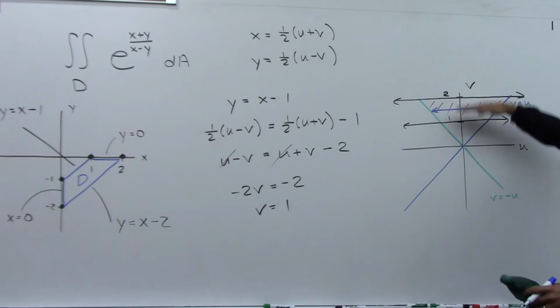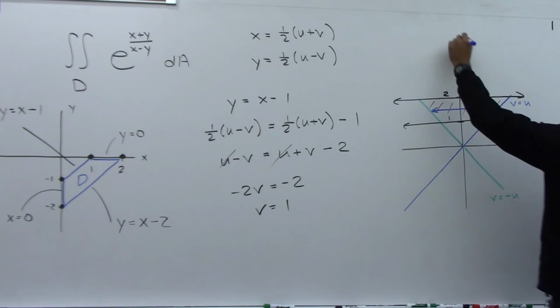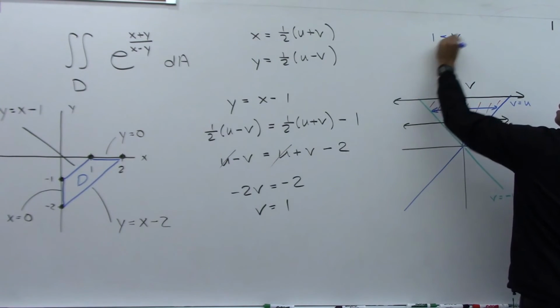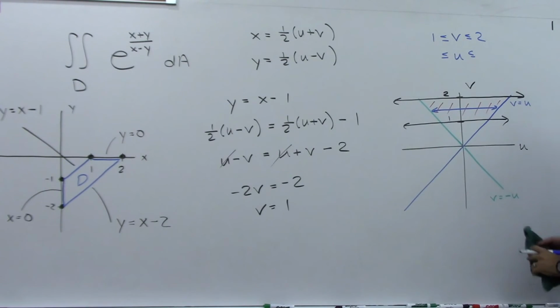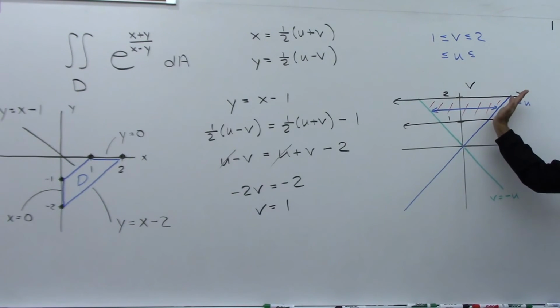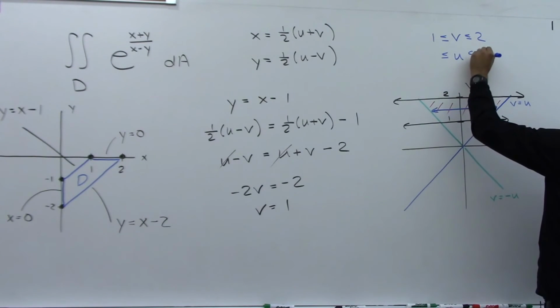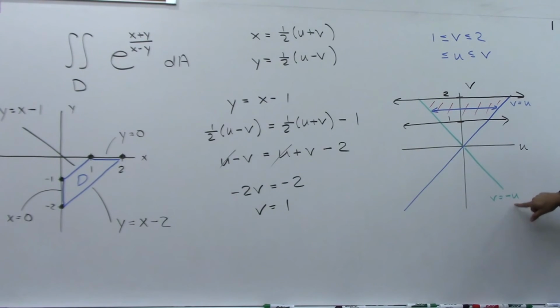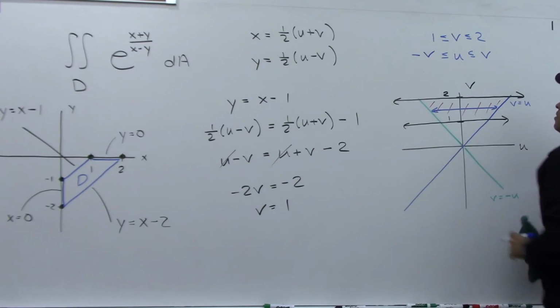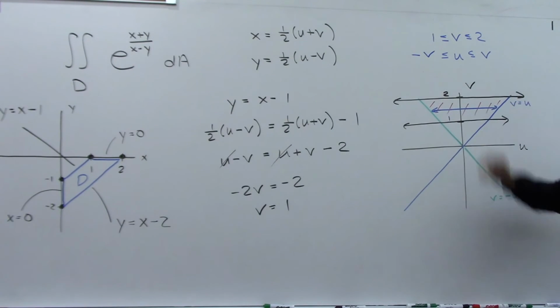And my v values are between 1 and 2. So I know v goes between 1 and 2, and my u's are between 2 functions of v. The one on the right is u is v. And this one right here is v is negative u. If you solve that for u, it's u is negative v. So it's stuck between those two.